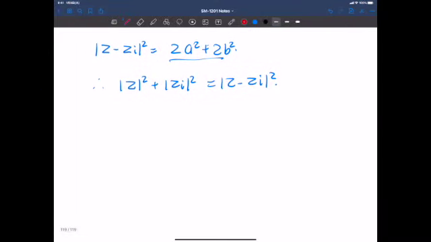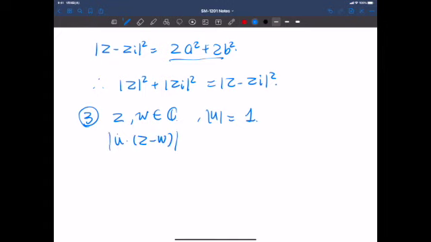Okay, then actually this holds for any pair of complex numbers. Suppose z and w are complex numbers, and u is a complex number with modulus 1. Then the modulus of uz minus uw is the modulus of z minus w.